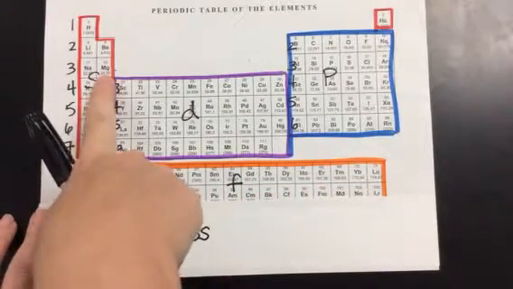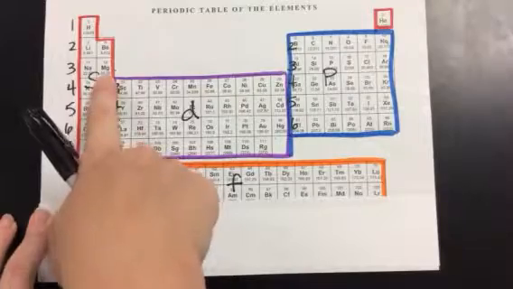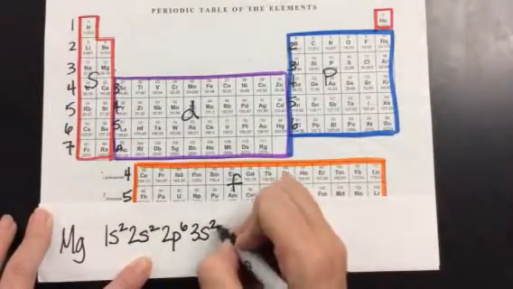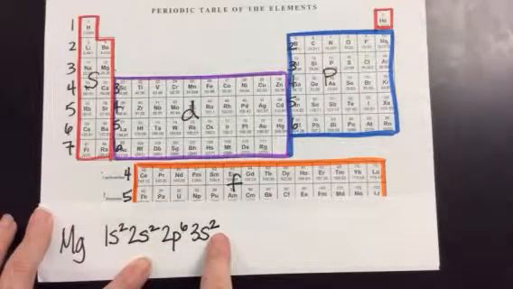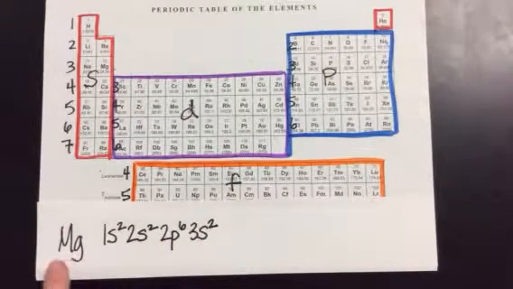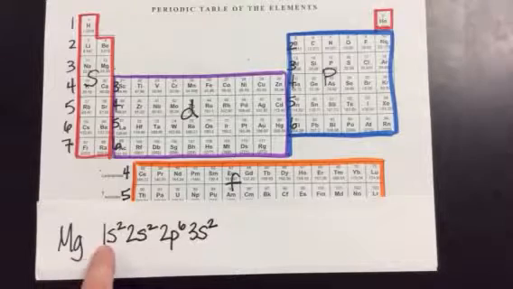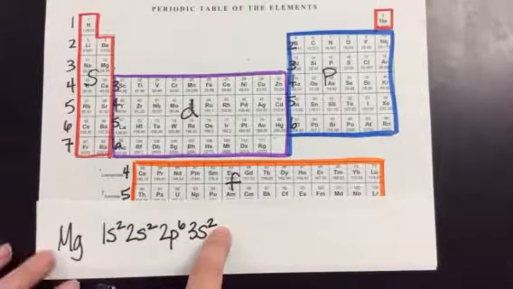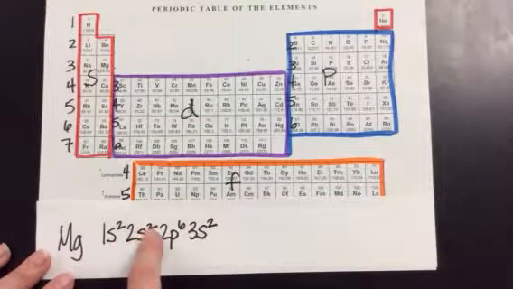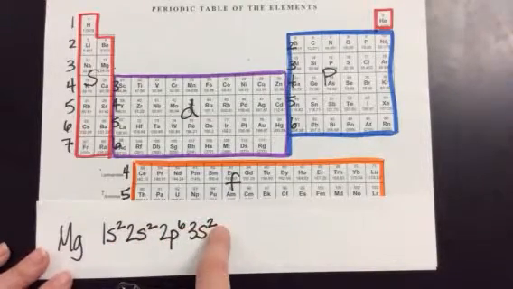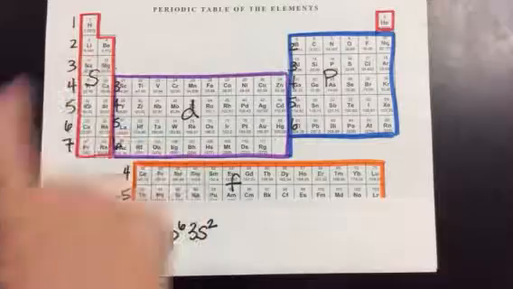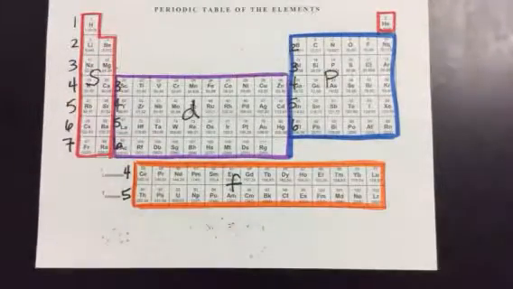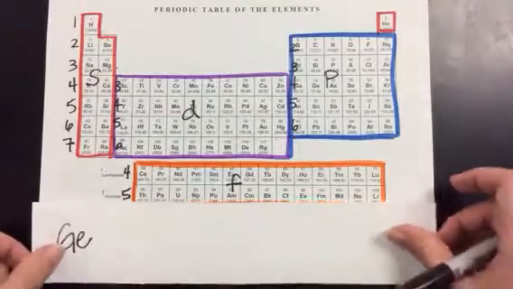Magnesium lives right here, and that's the element we're writing, so we just go over 1, 2 to get to that one. So we have 3s2 to end this one out. Magnesium, when we write it, is 1s2, 2s2, 2p6, 3s2. If we add up 2 plus 2 plus 6 plus 2, that gives us the 12 electrons that are in magnesium.